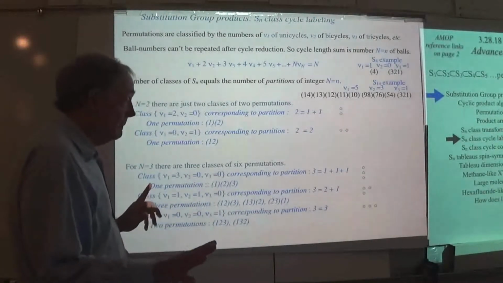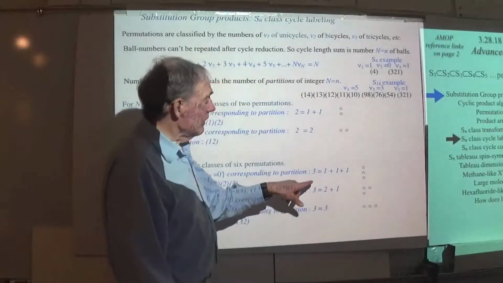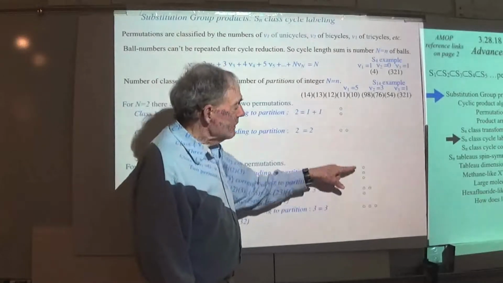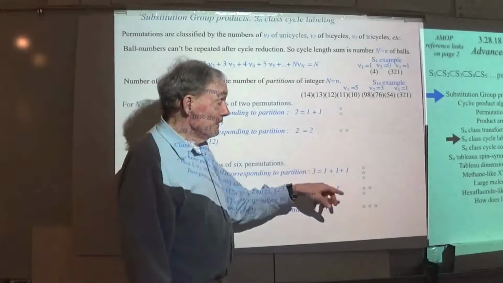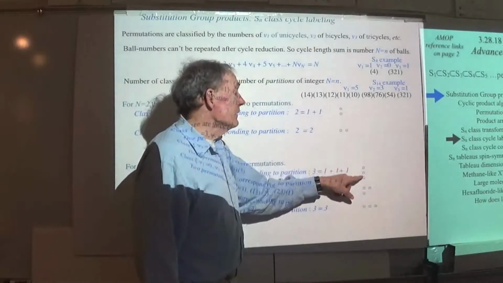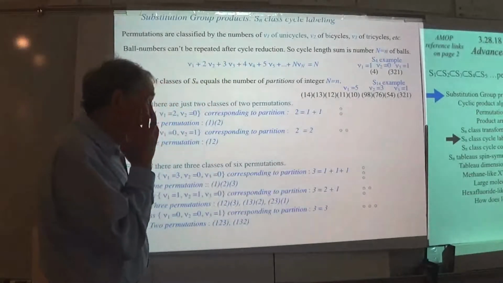Remember D3? And those classes are labeled by partition structure. 3, 1 plus 1 plus 1. So if I'm putting the plus signs vertically, that would be an anti-symmetric if it were the tableau, which we're going to discuss. But right here, it's just a cycle that has three unicycles.